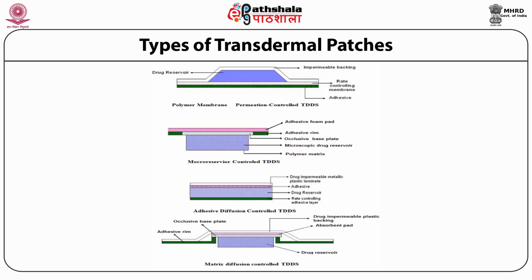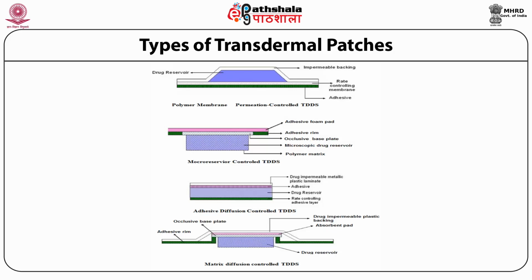The second from top to bottom is the microreservoir controlled transdermal drug delivery system. Then we have an adhesive diffusion controlled transdermal drug delivery system, and at the end we have the matrix diffusion controlled transdermal drug delivery system.